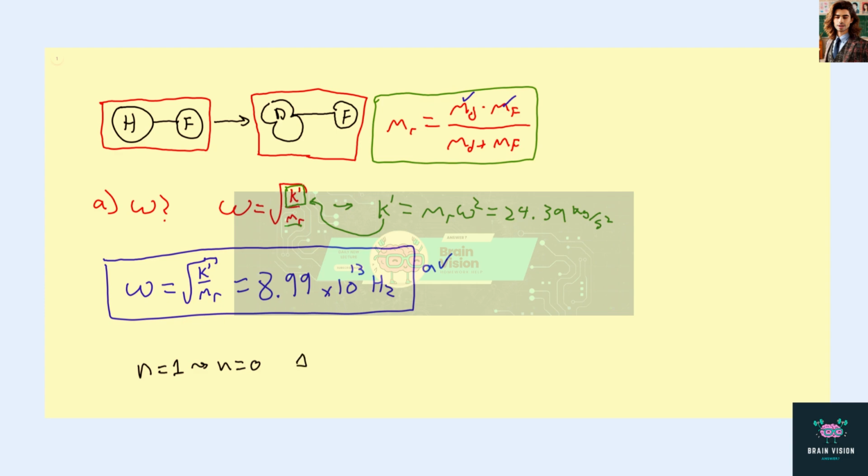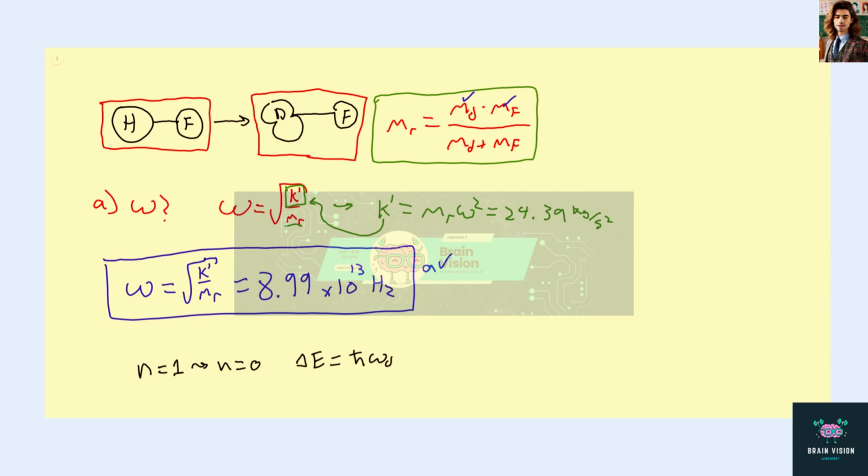your change in energy is given by the h bar omega, which I'll put D for deuterium here, that we've seen over and over again in this chapter.